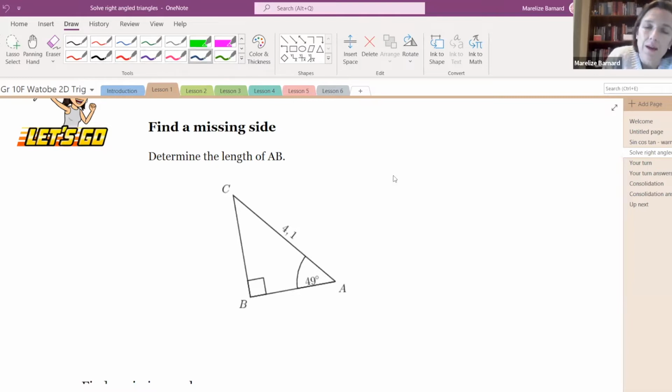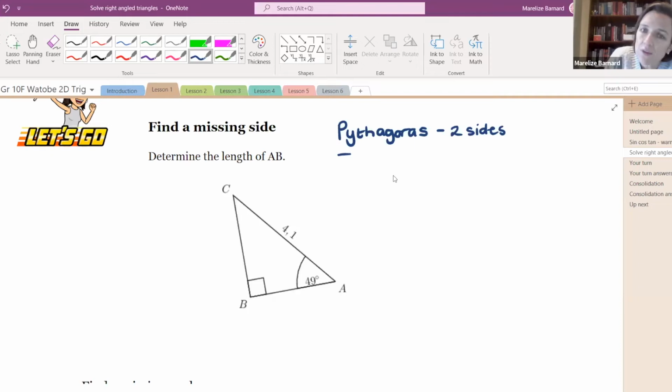So important that you remember, maybe just a reminder, Pythagoras is still there. It is something that we still have in our toolbox to use when we're working with right angle triangles. But for Pythagoras, you always need 2 sides to work out a third missing side.